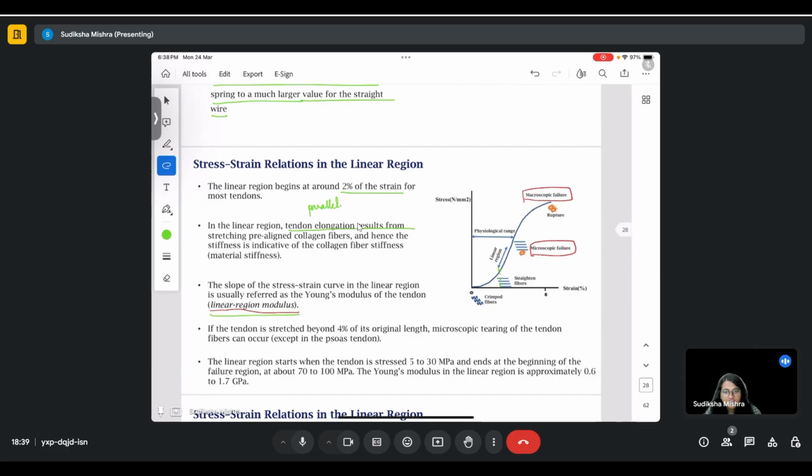And if a tendon is stretched beyond 4% of its original length, it enters into the microscopic failure area. Except for the psoas tendon, which can tolerate more, for which the toe region is 10%.